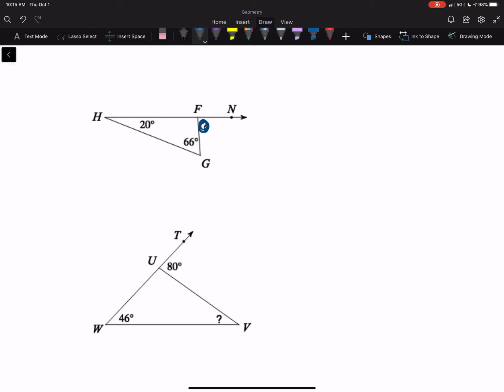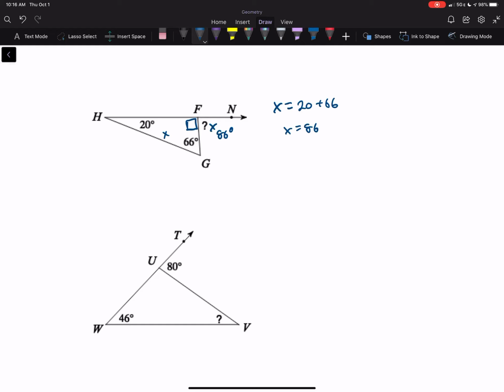So we'll call it X. So X is going to be equal to either this one here, but we don't know that one, plus or subtracted from 180, or it's going to be just equal to these two added together. So if we add 20 plus 66, that makes 86. So X would equal 86 degrees. So we think this makes 86 degrees.